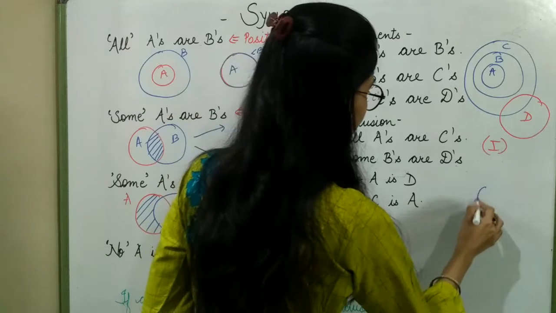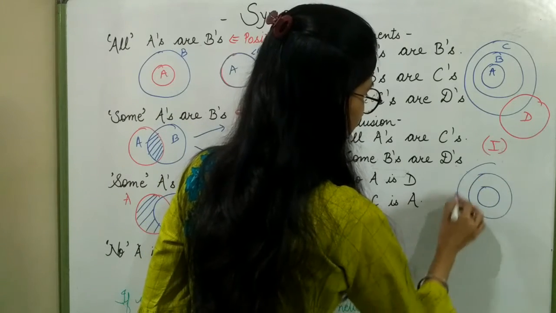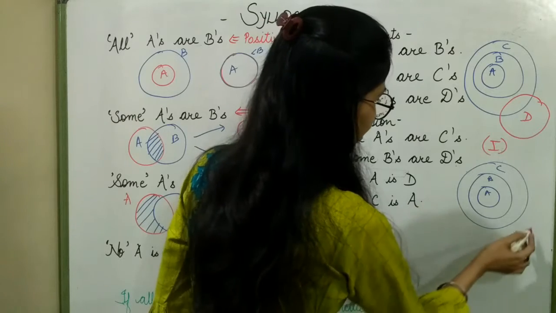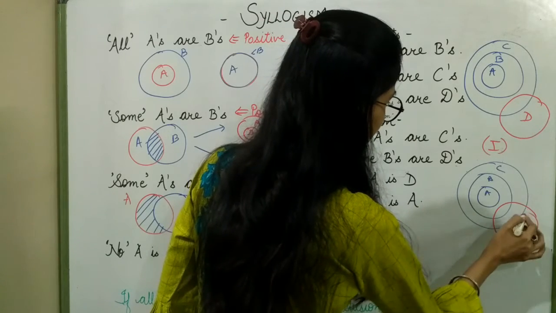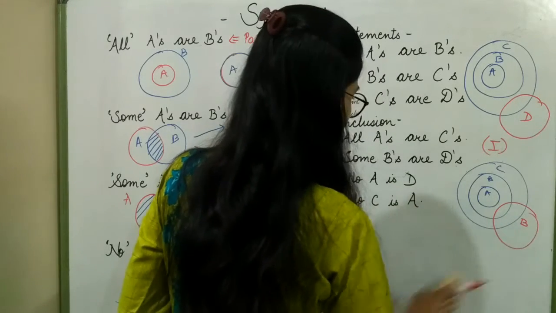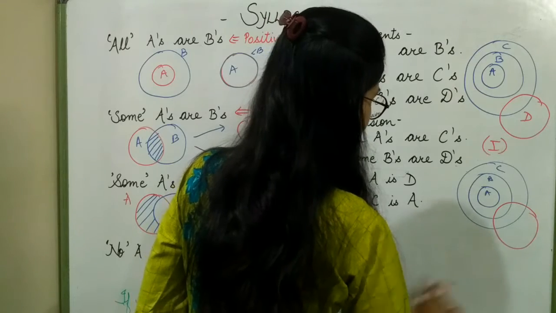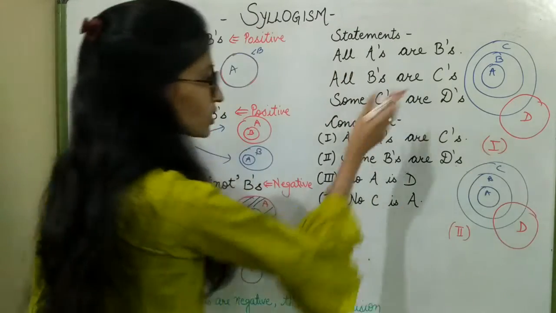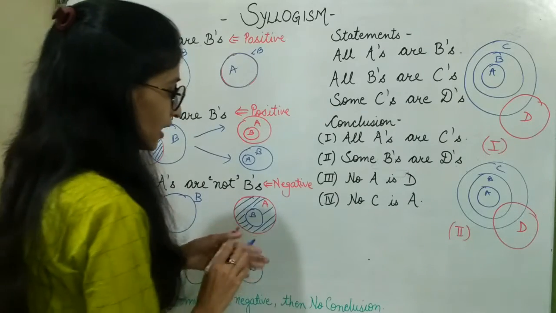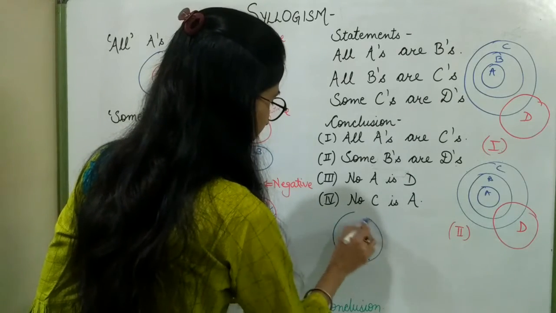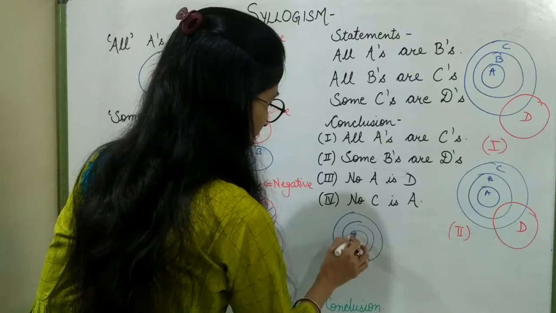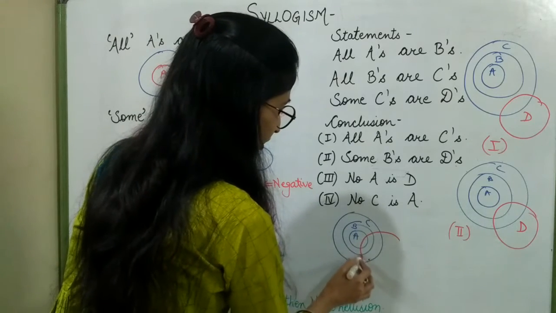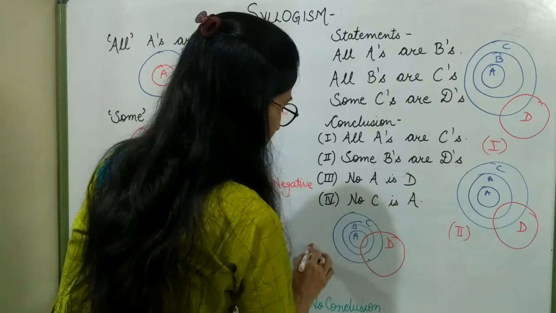Next I can draw A, B, C. D can be a part of B also. So this is my second Venn diagram. This Venn diagram is also satisfying these statements. Now next, A, B, C. D can be a part of A also.